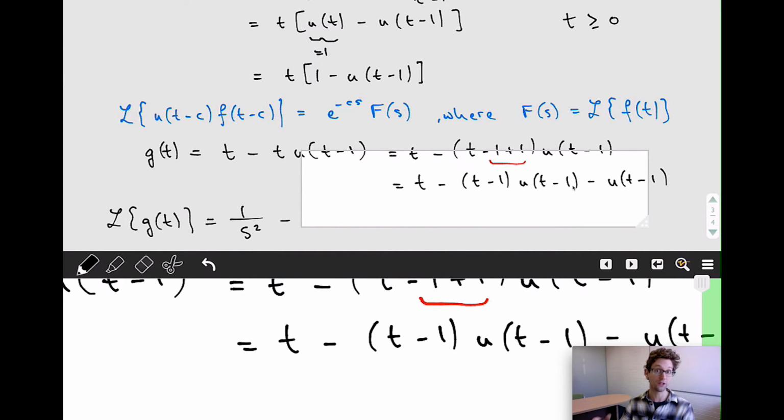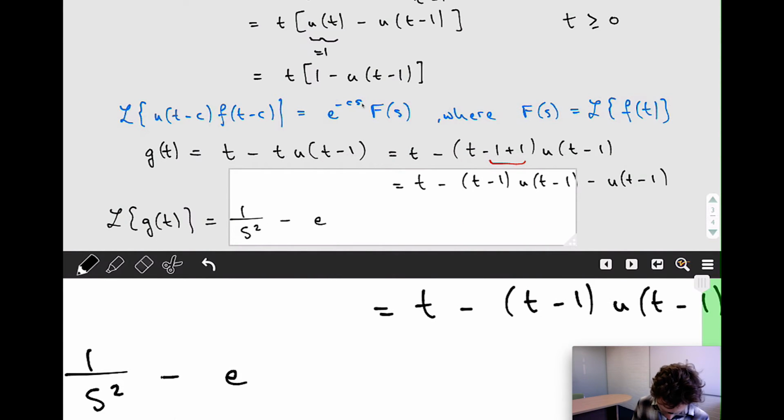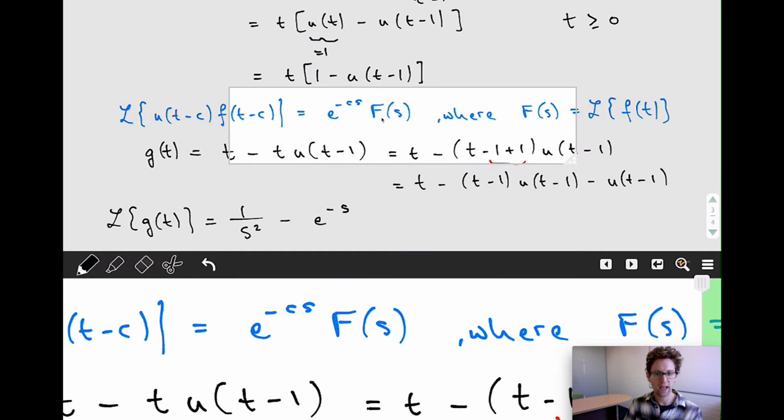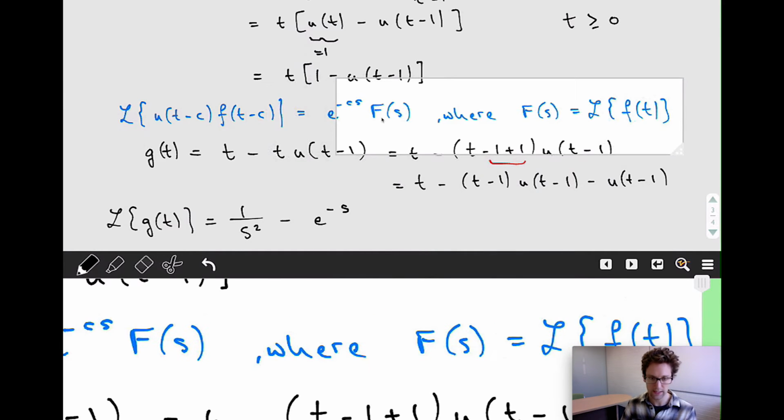So this is where I'm going to have to use that second shifting theorem. It tells me that I just multiply by e to the minus cs, so in this case c is 1. e to the minus 1 times s, multiplied by big F(s), where big F(s) is the Laplace transform of my unshifted, uncut function.